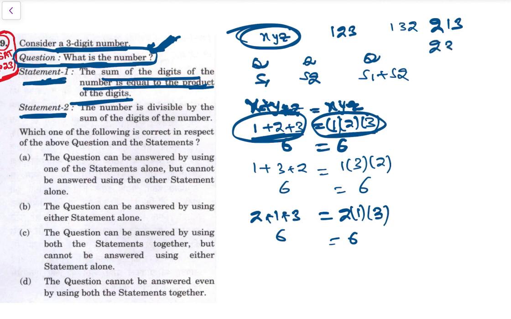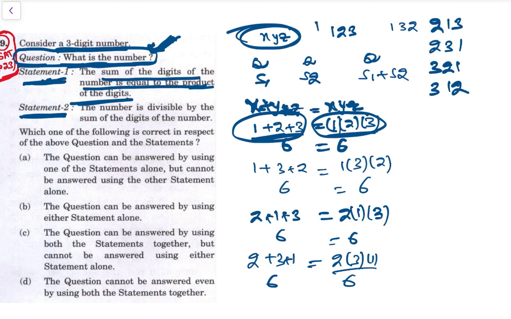Then 2 3 1 is a number where 2 plus 3 plus 1 is 6 and 2 into 3 into 1 is also 6, so this is also possible. Then 3 2 1 and 3 1 2 are also possible, where sum is 6 and product is also 6. So there are 1 2 3 4 5 6, 6 possible numbers.